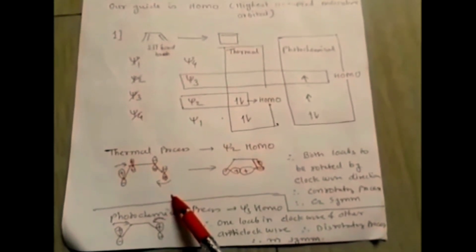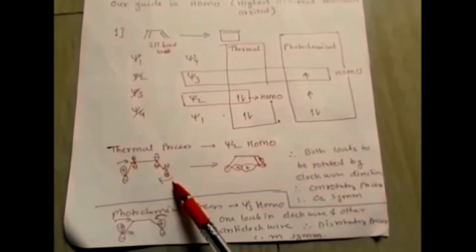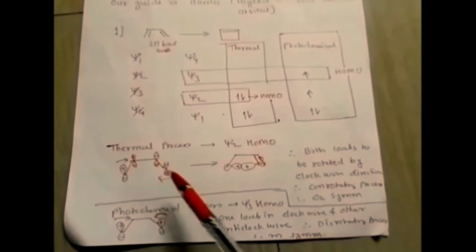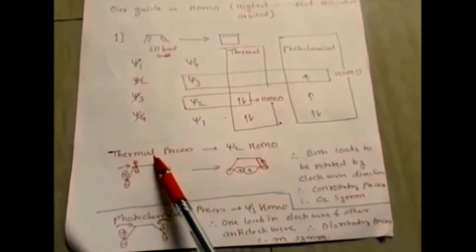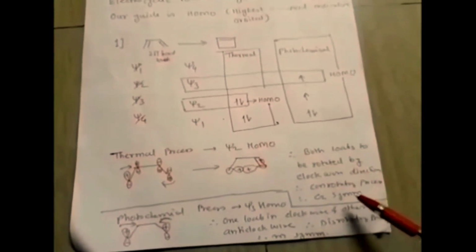That means both orbitals are rotated in the clockwise direction, which is nothing but a conrotatory process. The conrotatory process has C2 symmetry. So in this way, thermal process, conrotatory process, C2 symmetry. We arrive at the same conclusion as the correlation diagram method.